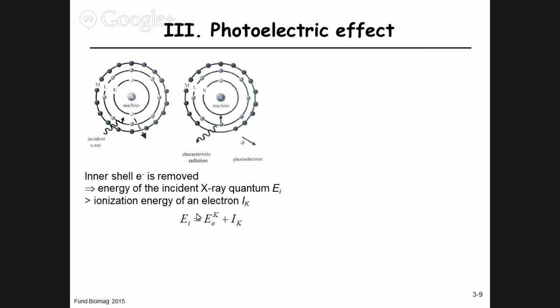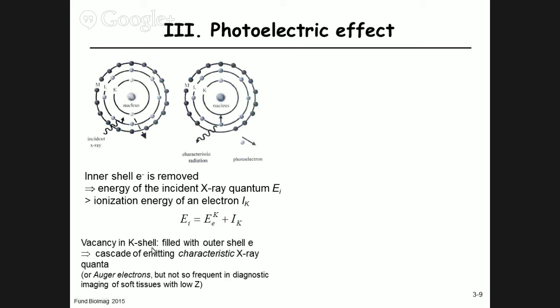So the energy of the incident photon must equal the kinetic energy of the electron plus the binding energy of the electron. And what you then get is a cascade of emitted characteristic X-ray quanta. You can, of course, also have Auger electrons, but they are not so frequent in tissue with low Z.